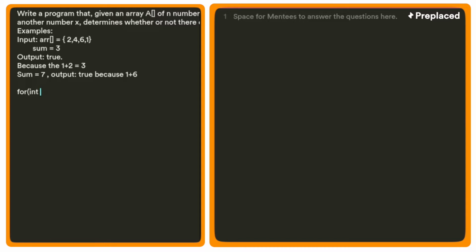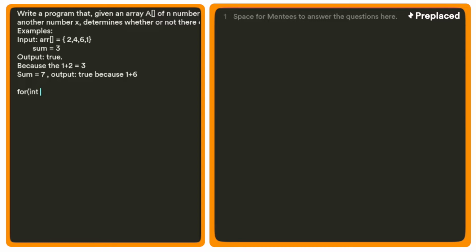So if the sum is 7, I will see the difference, 7 minus 2, so that will be 5. So maybe I can put everything in a hash map, and then this difference I can directly find from the hash map, whether it exists or not.